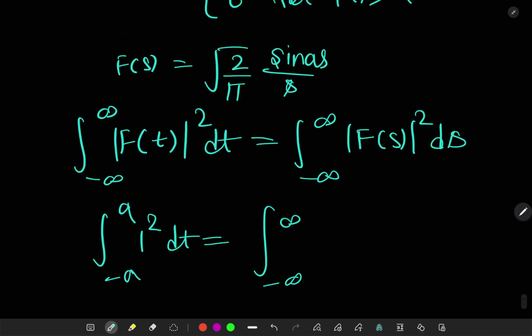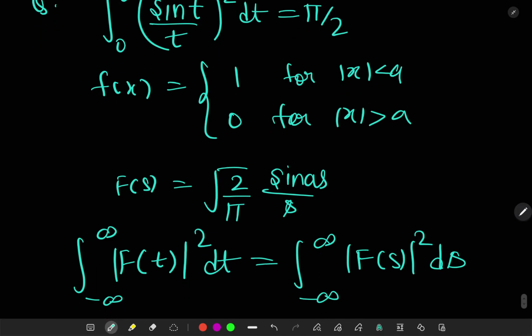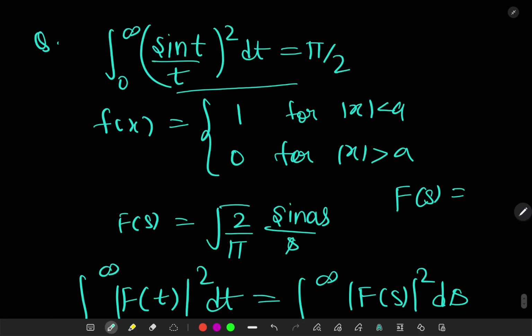Here f(s) is given, as you see here, root(2/pi) sin(as) divided by s.